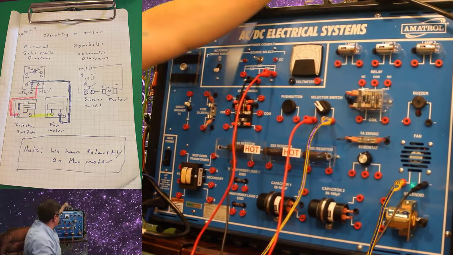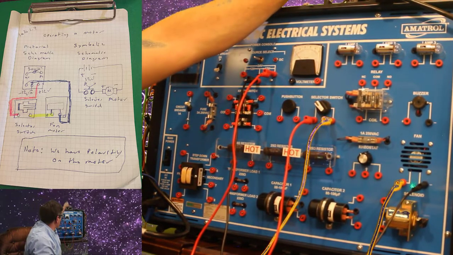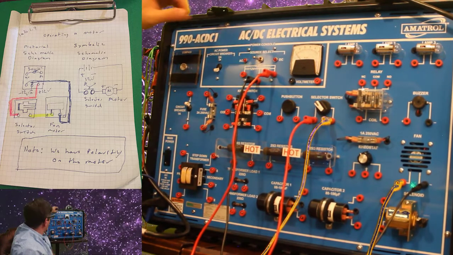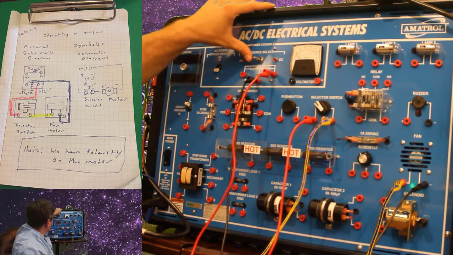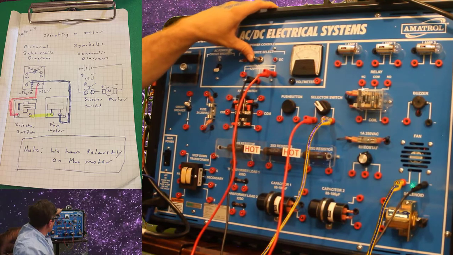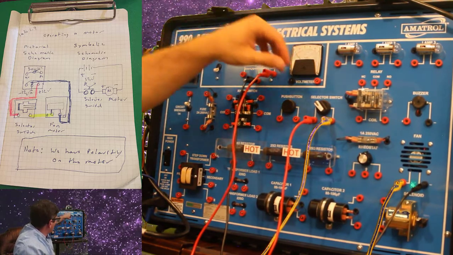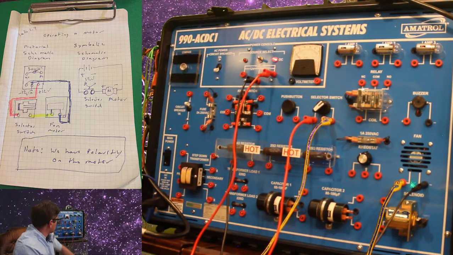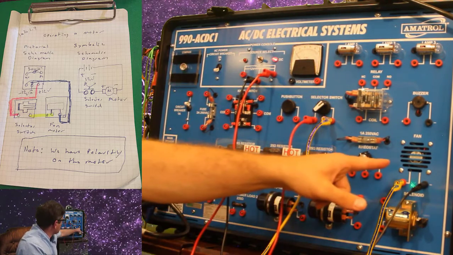Alright, now let's power it up and see if it works. We're going to flip this on. That's the main power. We got power from the battery. We have DC power, and we can turn it on. We can see that it's spinning right now.